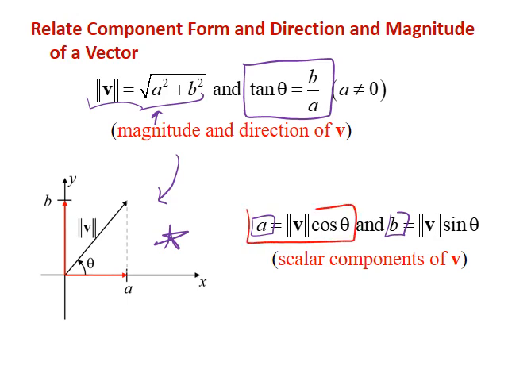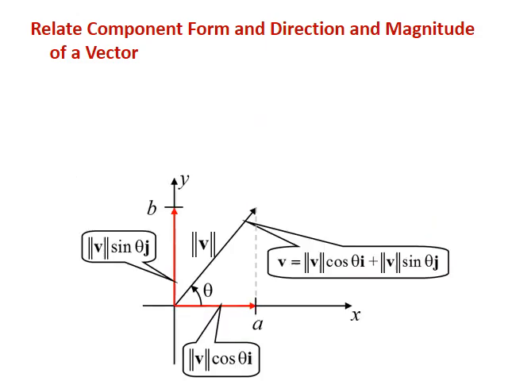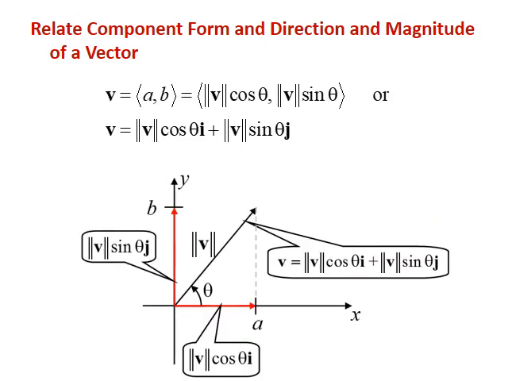So A is equal to the magnitude of the vector times cosine of the direction angle, and B is the magnitude of the vector times sine of theta. These are referred to as the horizontal and the vertical scalar components. There are a couple other ways that it can be shown, which is here.